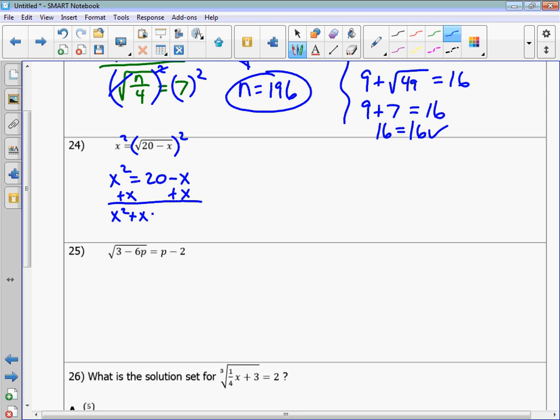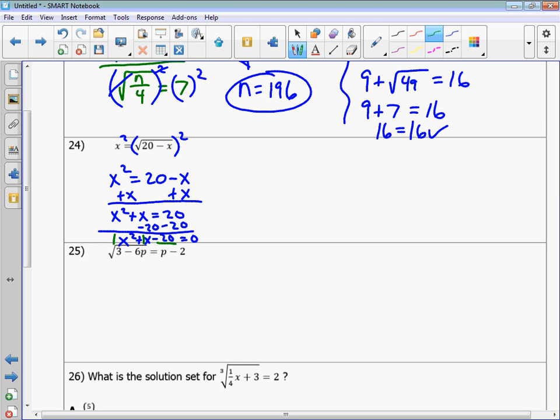So for the quadratic formula, we have 1 for a, 1 for b, negative 20 for c. The quadratic formula is x equals the opposite of b plus or minus the square root of b squared minus 4ac. You don't have to memorize this. I will give it to you on the test.